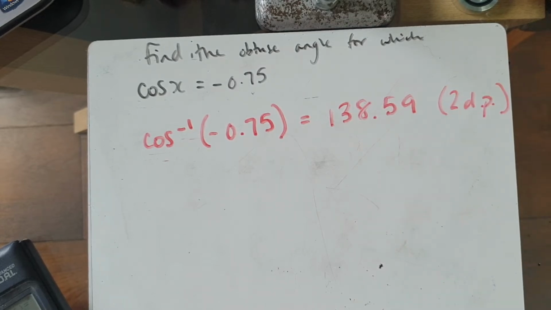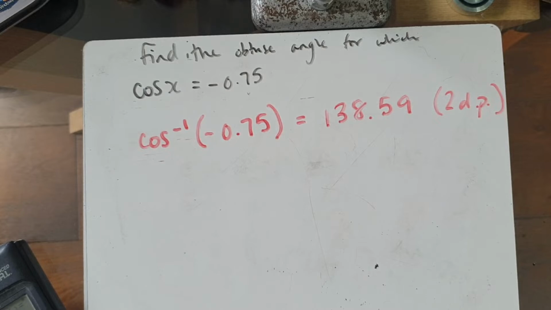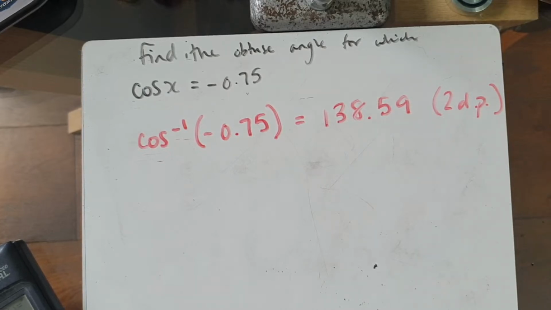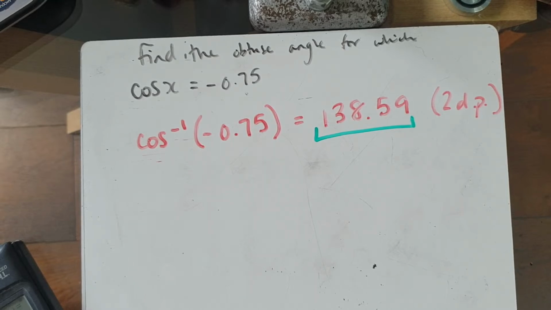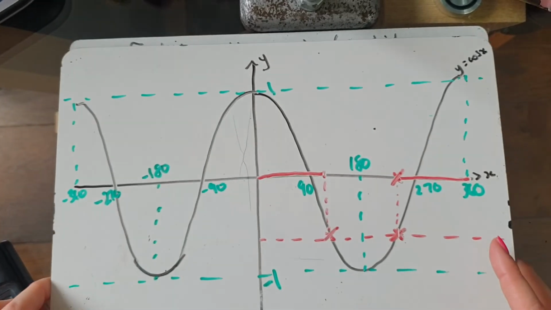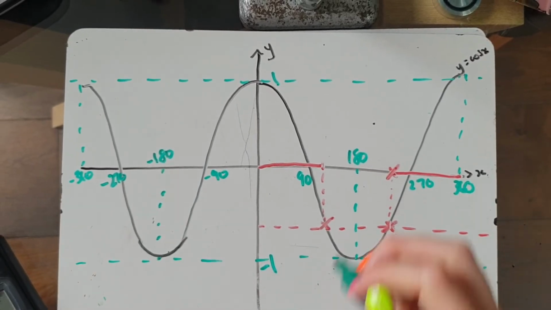Now, an obtuse angle is an angle between 90 and 180 degrees. Well, this is already between 90 and 180 degrees. And if we check the graph of cosine, 138.59, that's roughly here.